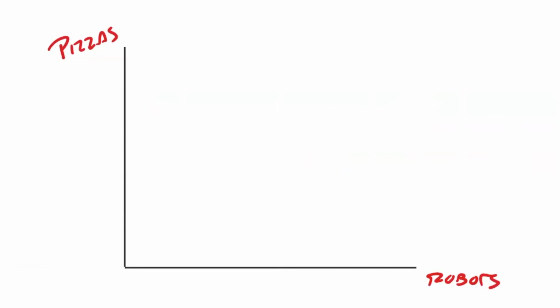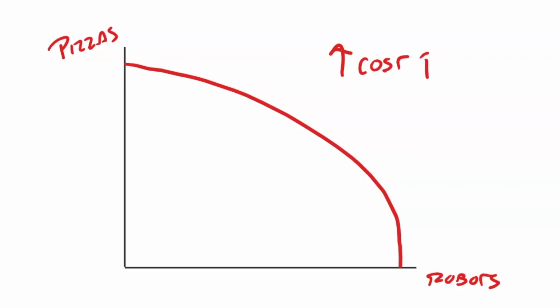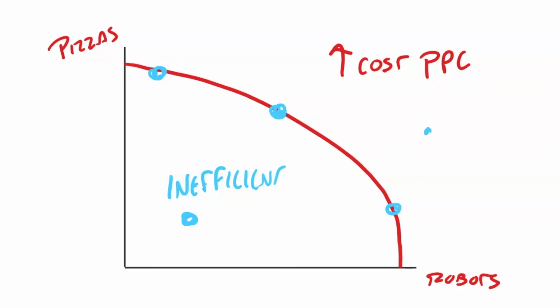And so here with the law of increasing opportunity cost, it's the concaved or the curved out PPC like we talked about earlier. So this is the increasing cost PPC. And yet again, you're efficient if you're on the curve, you're inefficient if you're inside the curve, and it's unattainable if you're outside the curve there.